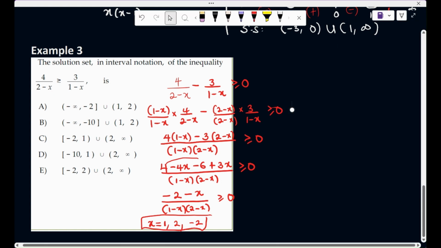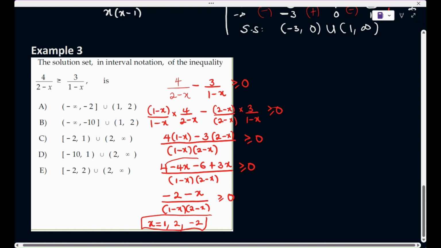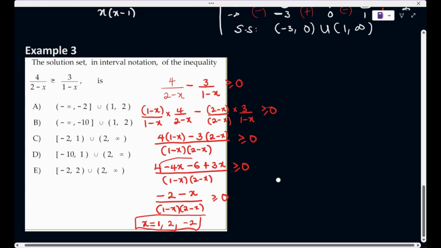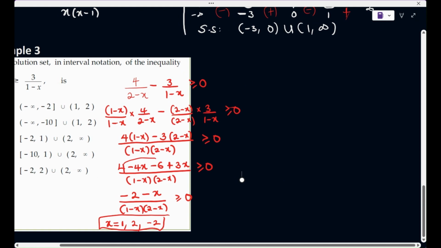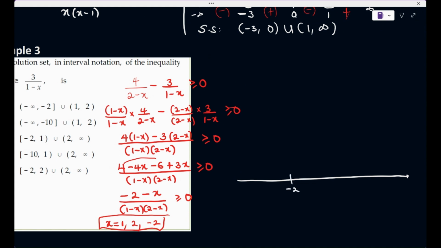All right, so this will be the table. Let's have our number line here. We'll start with minus 2, then 1 and 2. So let's draw this.